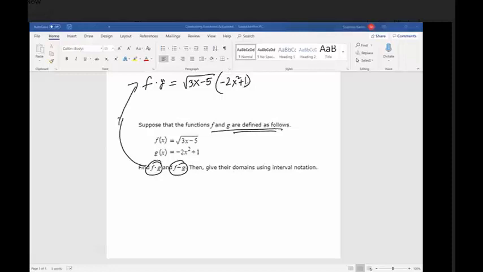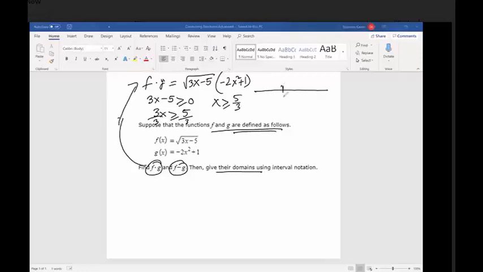And if we are looking for the domain of f times g, the condition will be that 3x minus 5 has to be bigger or equal to 0. So we add 5 to both sides, so 3x has to be bigger or equal to 5. Then we divide both sides by 3, so x has to be bigger or equal to 5/3.